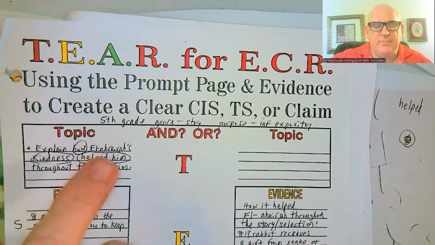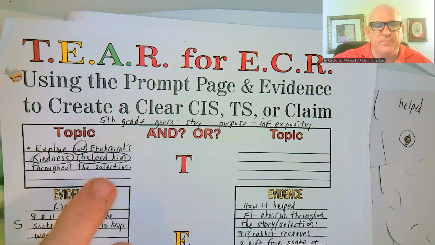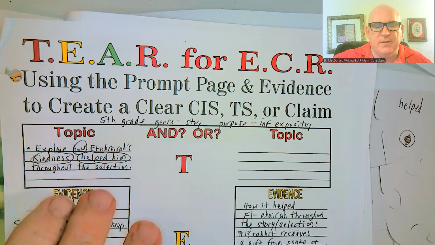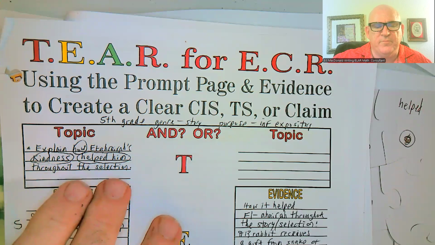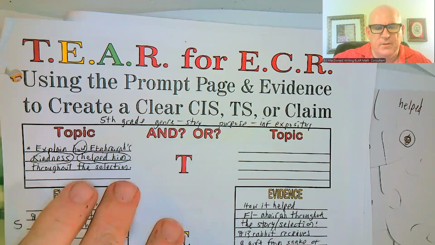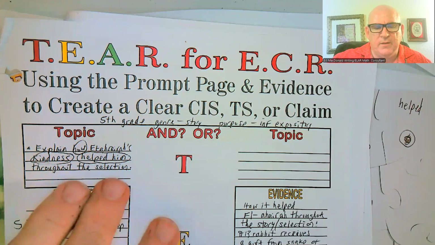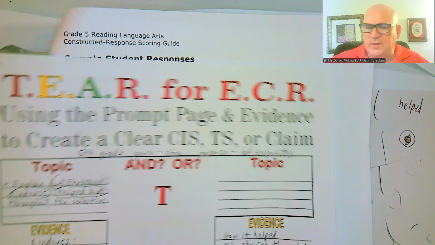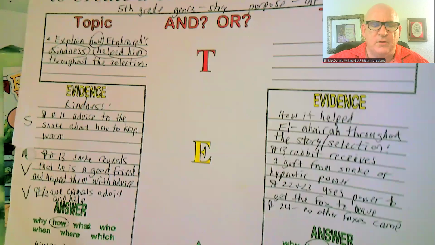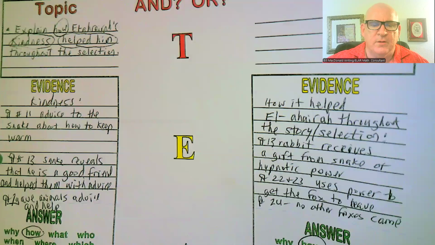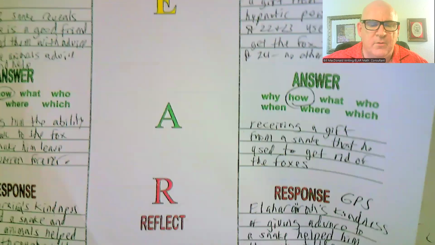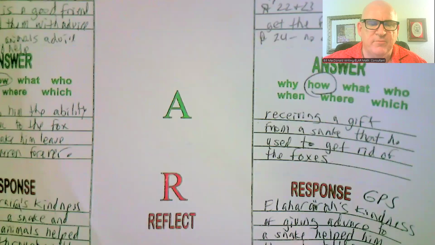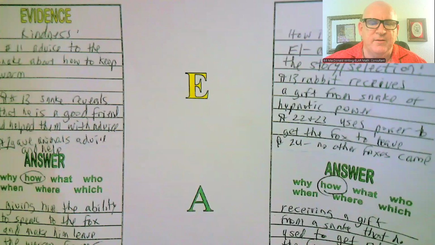And so what I'm going to show you how to do this time is use this topic to plug them in to an already put together puzzle piece and then rearrange them in a way so that we can make sure that we did what we talked about. We need to make sure that we base our answer and our response whether it's restating, rephrasing, or reflecting on evidence.